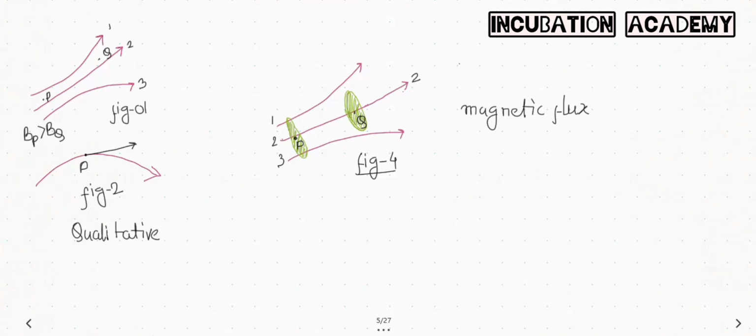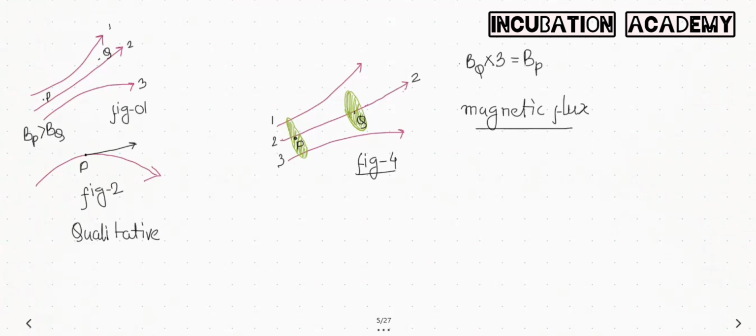Now the quantitative thing comes. Magnetic field at the point Q, if you multiply this by 3, you will get the magnetic field at the point P. So a quantity measurement comes. From this concept, obviously magnetic flux is introduced.